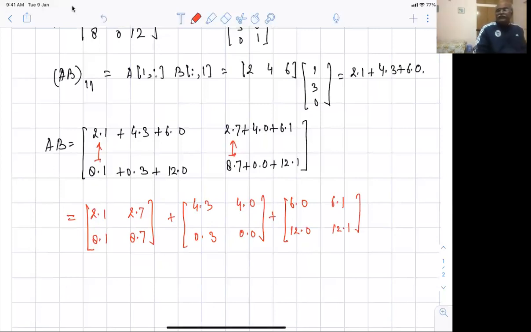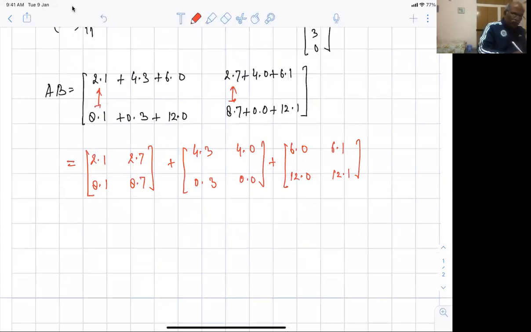I'm going to write it like this. Fine. What is the importance? Let's try to understand. So we have learned some matrix multiplication now.